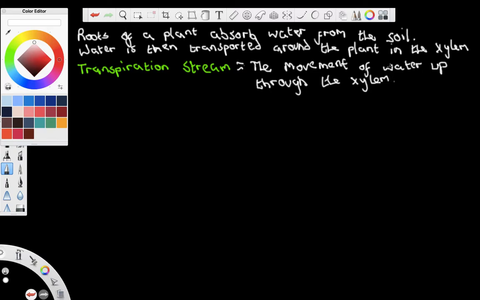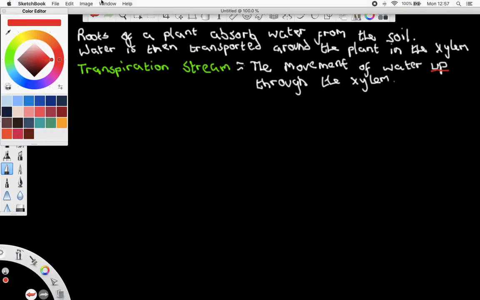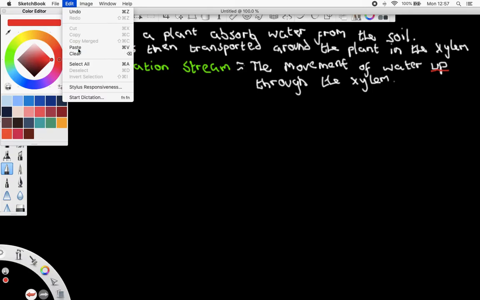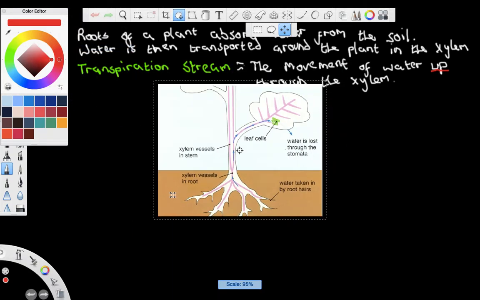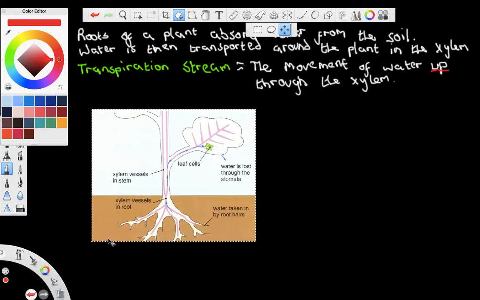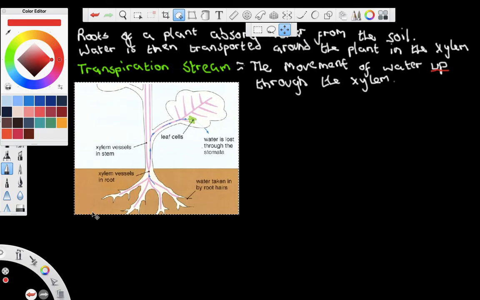Okay, now it's important that we say that the water moves upwards through the xylem, because if you think about it, the water's collected in the roots, the root is the lowest part of the plant, therefore the water can only be moved up. Now to help us with this, I've got an image that is found on the lesson slides, but we can add it in here.